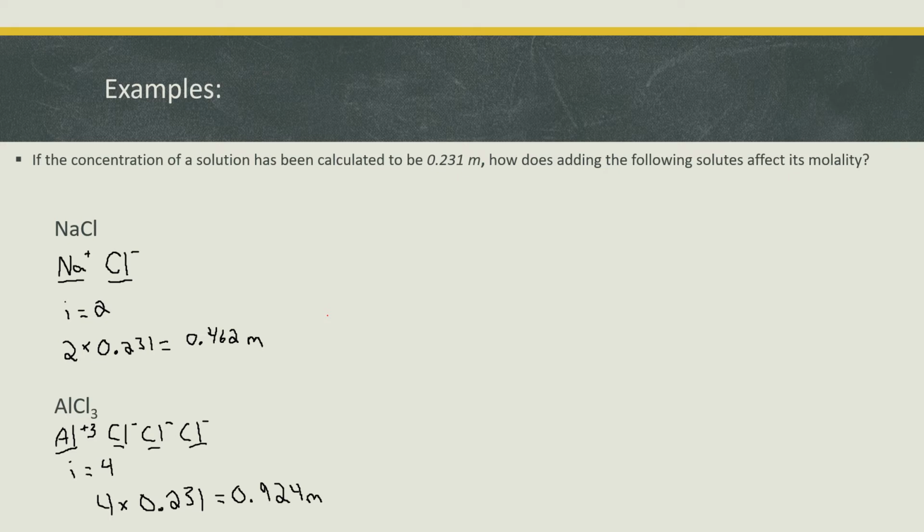Again, when you're doing these, you've got to know the difference between ionic and covalent compounds, and make sure you know how they're going to dissociate. All right, I'm going to put up the next 2 examples. We have C2H2, and then we also have Ca3PO4. I'm going to give you a minute to look at these problems and try to determine the I for each one on your own.